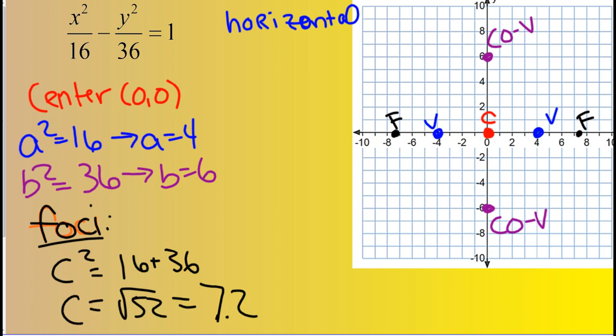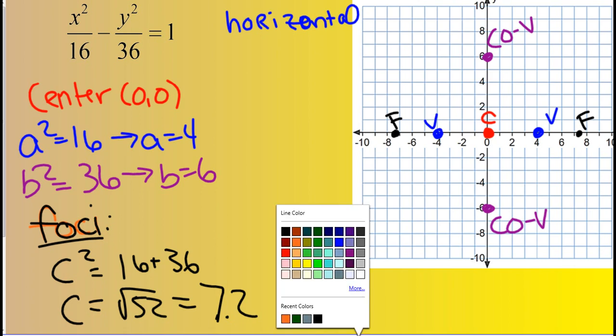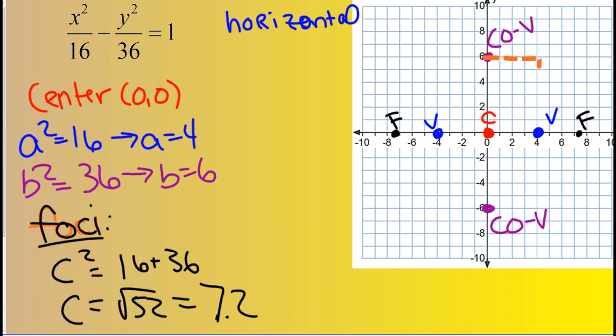I now need to make that rectangular box. I'm using the awesome pen because I don't do a very good job with that dash line stuff. So there we go. Connecting your vertices, connecting your co-vertices.